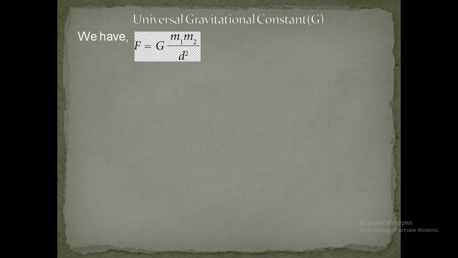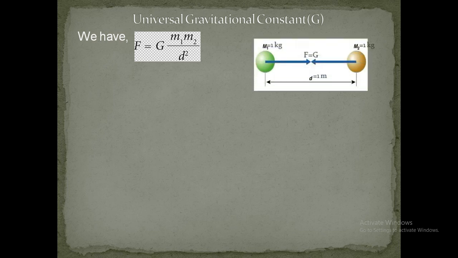This is the formula that we derive from Newton's universal law of gravitation. You can see here are two bodies of masses m1 and m2, separated at a certain distance. Here m1 is equal to 1 kg, m2 is also equal to 1 kg, and the distance between them is 1 meter.